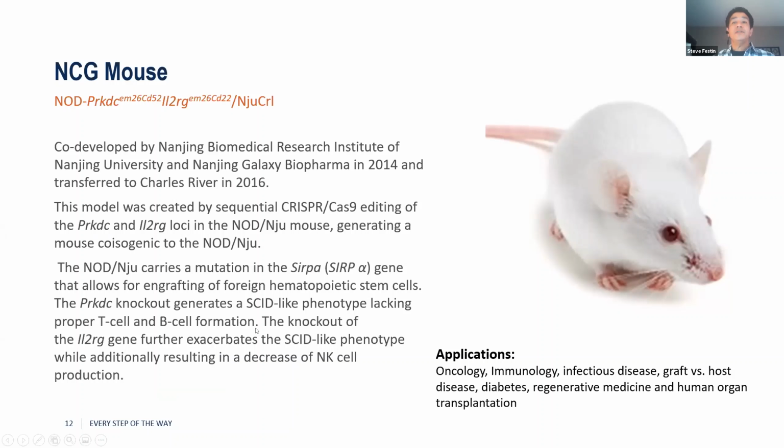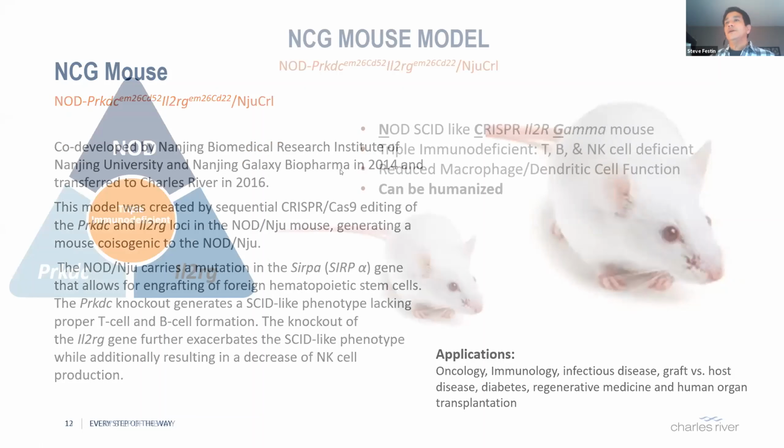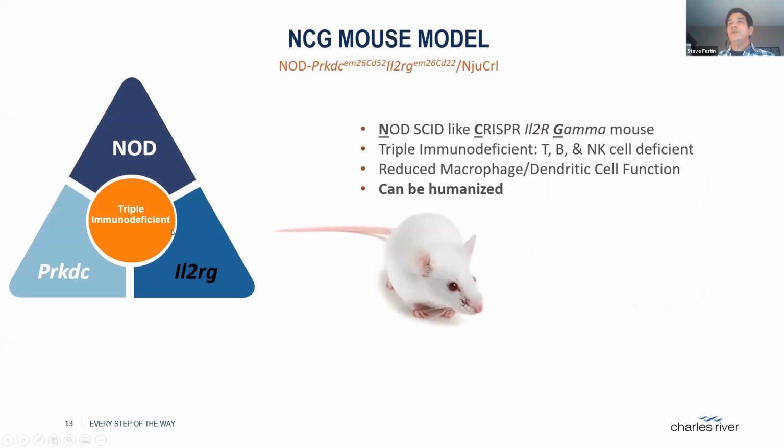The background of the mouse is actually an NOD, or non-obese diabetic mouse, which for a couple of reasons has some immunodeficient phenotypes, but also, as I'll describe, has some sequence variation in the SIRP alpha gene, which makes it more permissive for transplantation and transfer of human cells. So the three components of this triple immunodeficient mouse include the NOD-SCID, which is associated with SIRP alpha as well as the NOD immunodeficient phenotype.